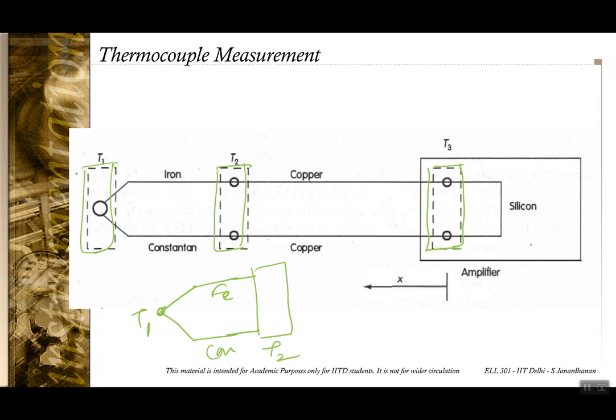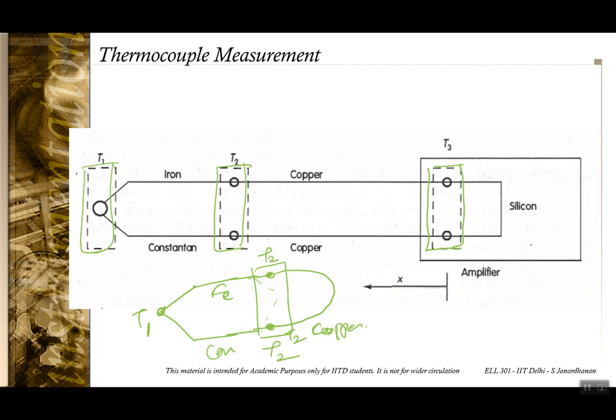We would have wanted to join this too, but then after joining there is no proper access to any information about the hot junction. So what we are doing is that both this iron and this constantan junctions are joined by a copper wire, and these two are kept at the same temperature.